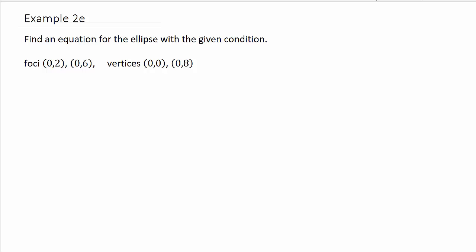Alright, so let's make a quick sketch of it to get an idea of what we've got here. Alright, so let's plot these points. I'm going to do the foci in blue. So we've got 0, 2 and 0, 6.